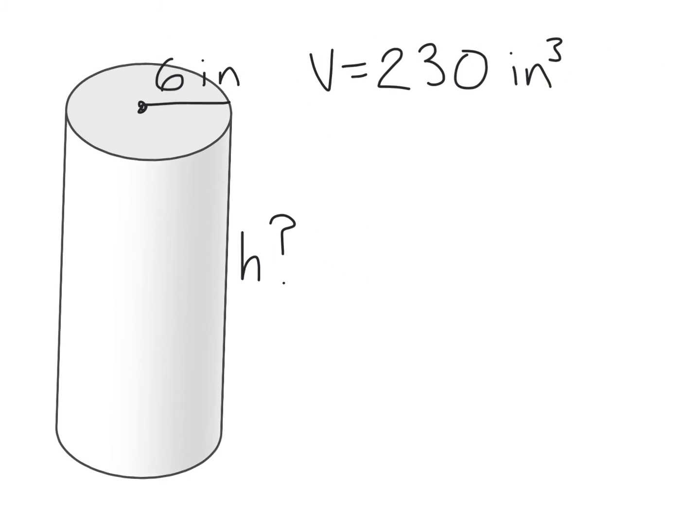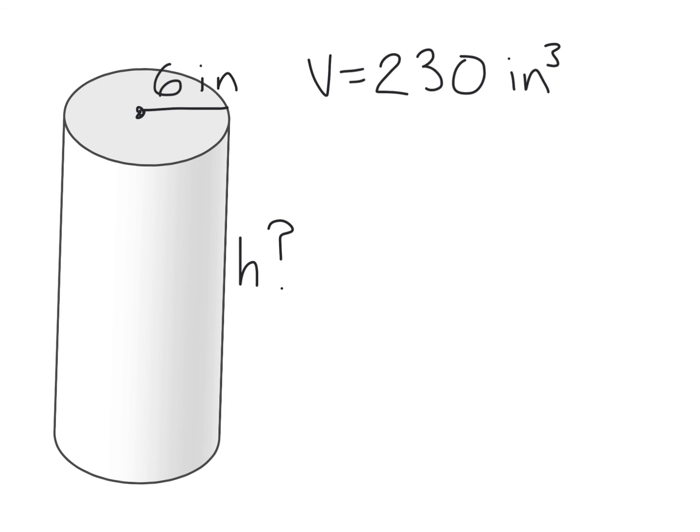So recall that we have an equation that is volume is equal to pi times the radius squared, which is the area of the base, and then we multiply that by the height.